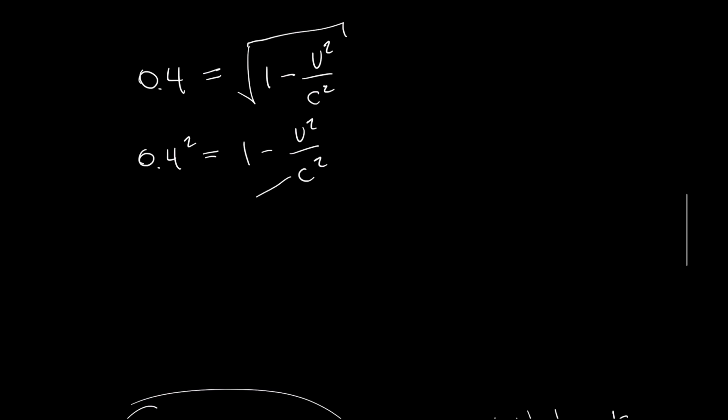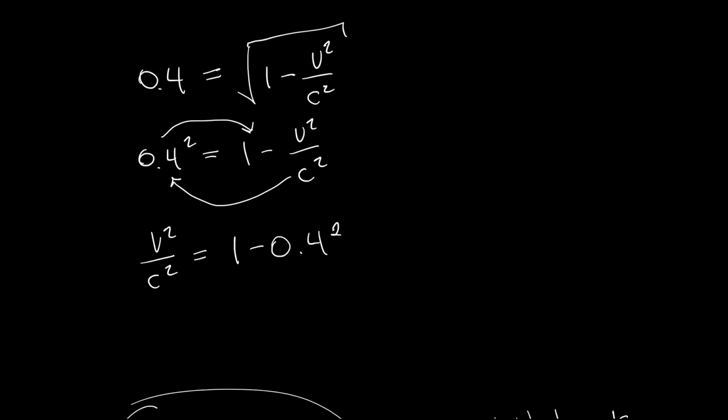I guess we can add this to this side and subtract this from this side. So we have V squared over C squared equal to 1 minus 0.4 squared.